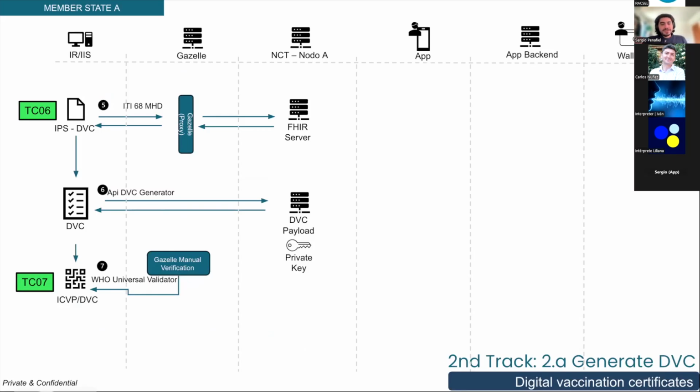As we showed in the webinar last week, we carried out a demo on how this could be done. And we've also facilitated a transformation from IPS to these ICVP codes, which are also signed. So this is what we saw last week.